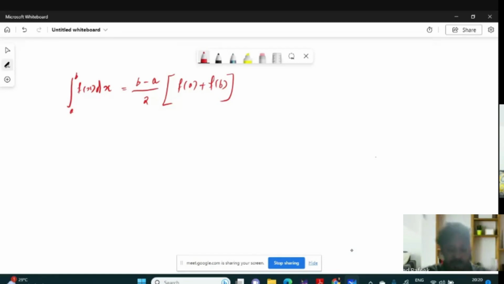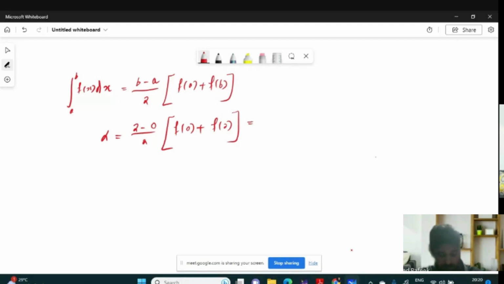Alpha is equal to (b minus a) by 2, that is (2 minus 0) by 2, times f of a plus f of b, that means f of 0 plus f of 2. 2 by 2 is 1. F of x is 9x square minus 5c x raised to 4.